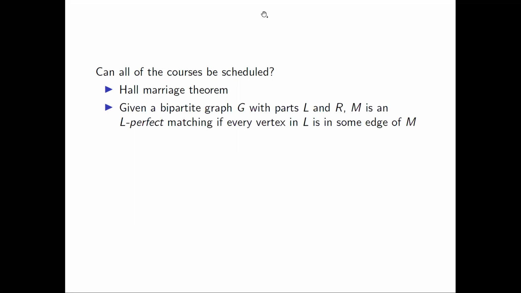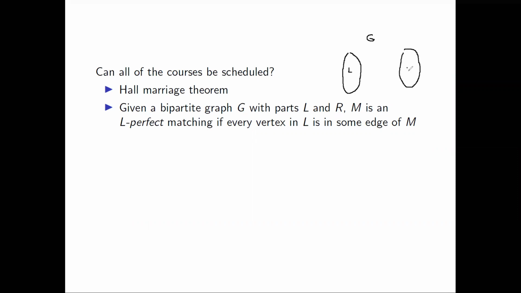So if we have some bipartite graph, say we have some graph G, bipartite, and it has parts L and R. And let's say we have, put 4 over here, and then we'll have a bunch over here.